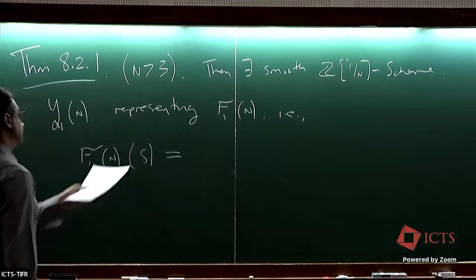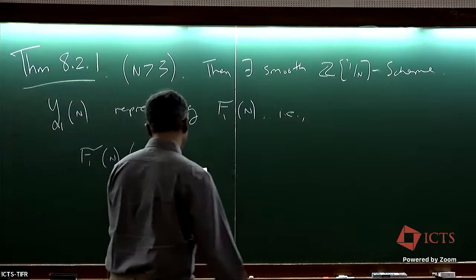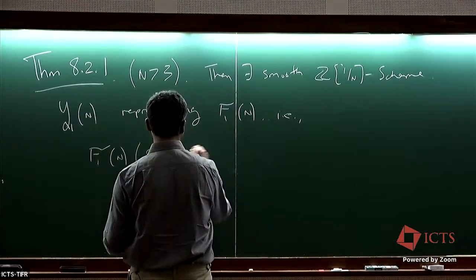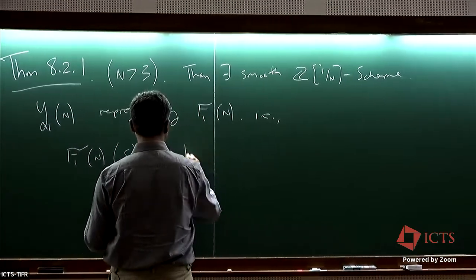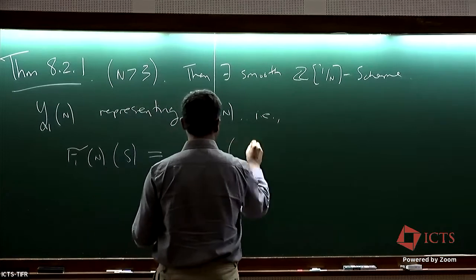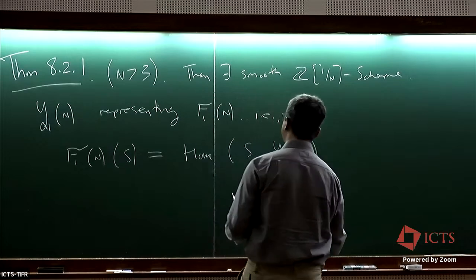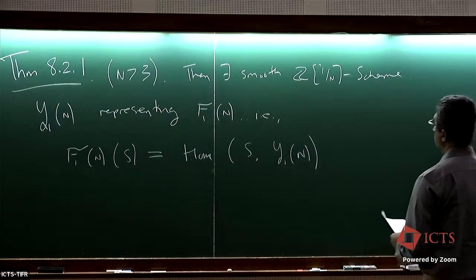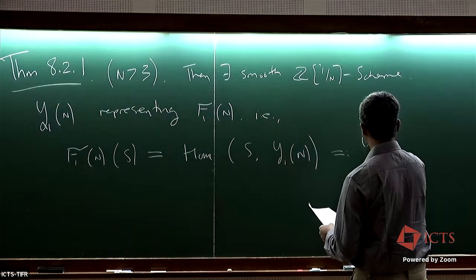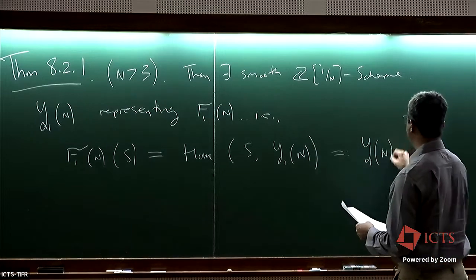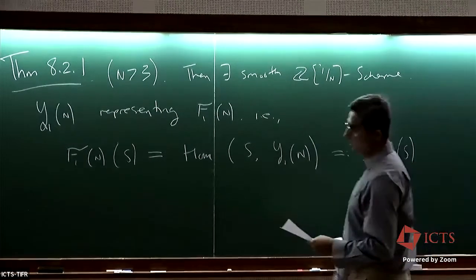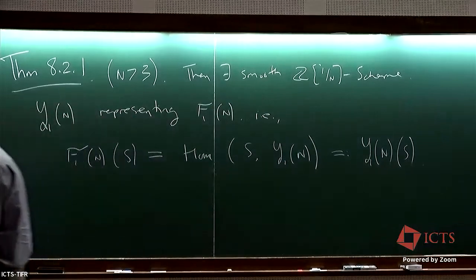Should say that, yes, I said it's a Z[1/n]-scheme. So some people shorten this and write this as Y_1(n)(S), S-valued points of the scheme, shorthand for writing these morphisms.